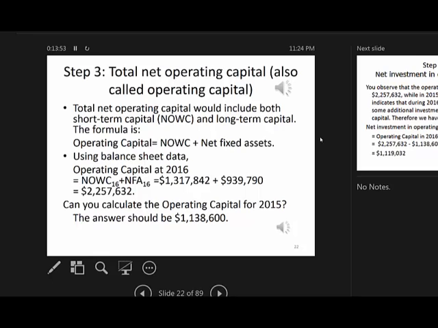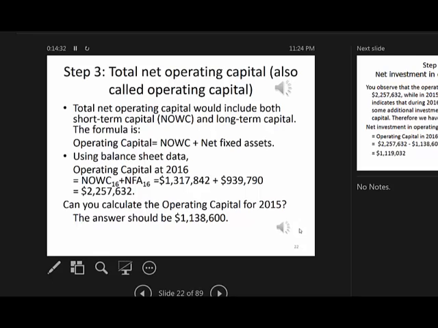In step 3, we calculate the total net operating capital, which is also called the operating capital. Total net operating capital would include both short-term capital, which is the NOWC, and long-term capital investment. The formula is operating capital equals NOWC, net operating working capital, plus the net fixed assets. If we use the NOWC that we just calculated and also the net fixed asset data from the balance sheets, we can add those two together and calculate the operating capital for 2016.